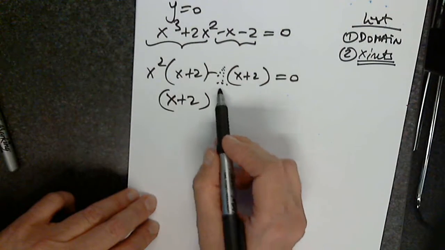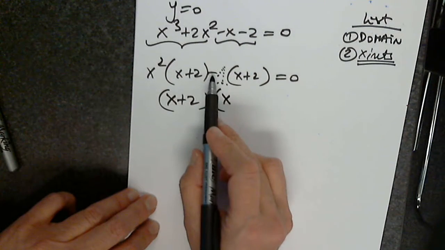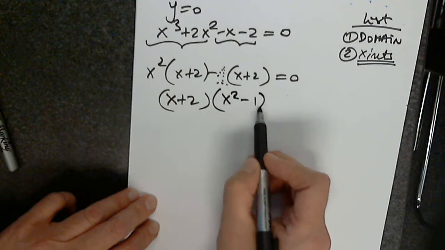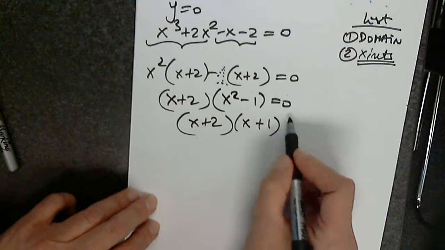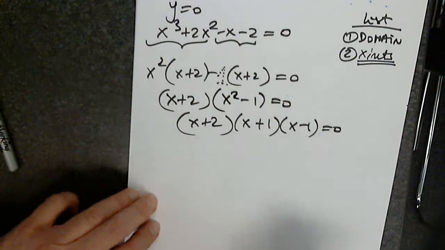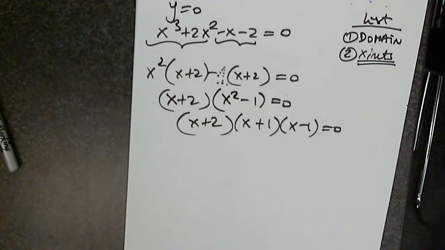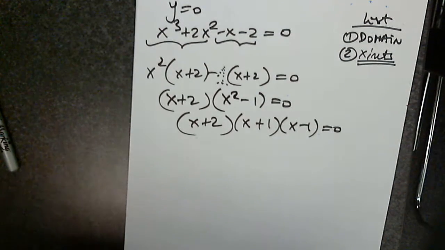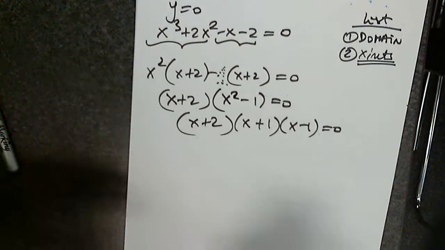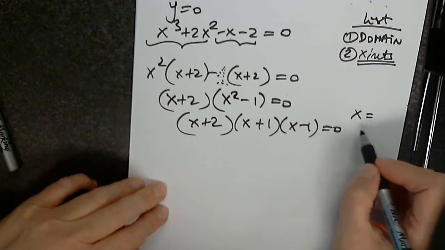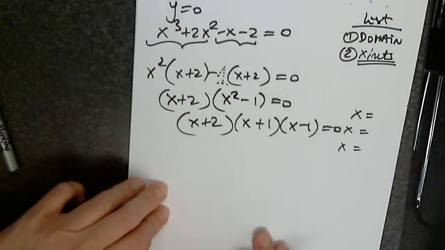And then I'm left with x squared minus 1. How do I factor x squared minus 1? Since the degree is 3, how many solutions will you come up with? Right. Even if they're imaginary, I will not be able to plot them. They will not cross the x-axis, but I have to have 3 solutions. In this case, they all exist. x equals, x equals, x equals.